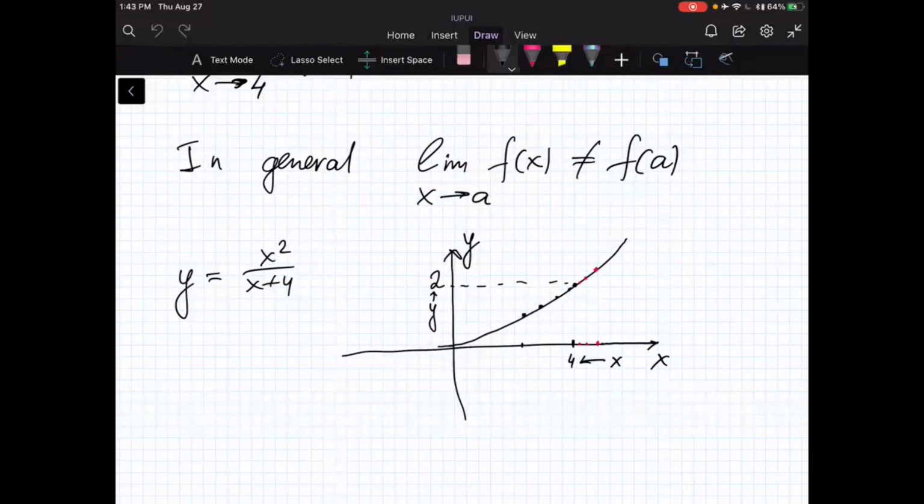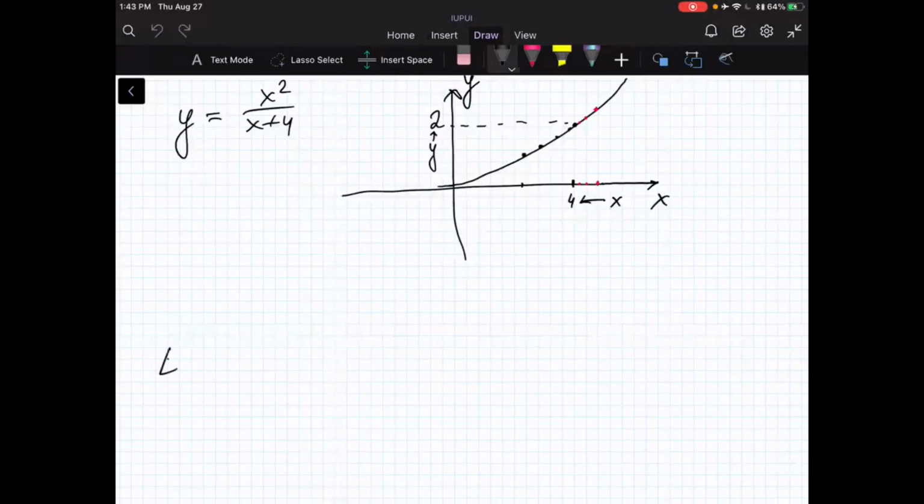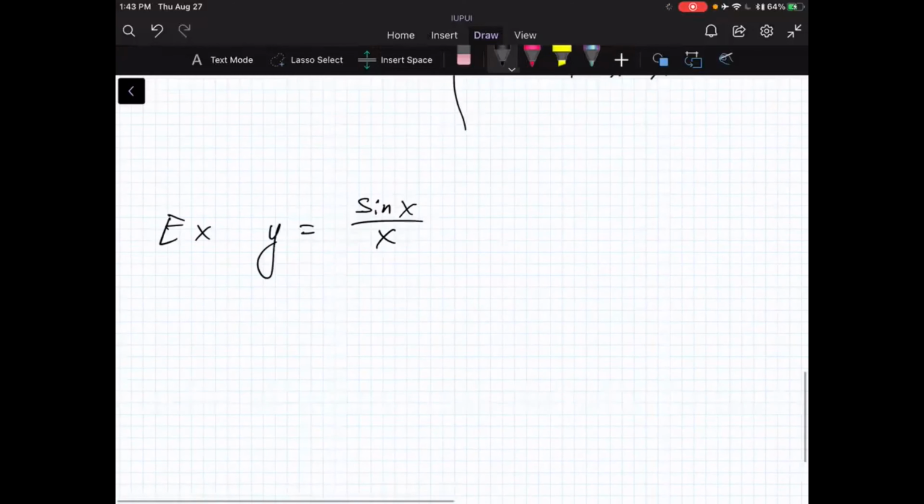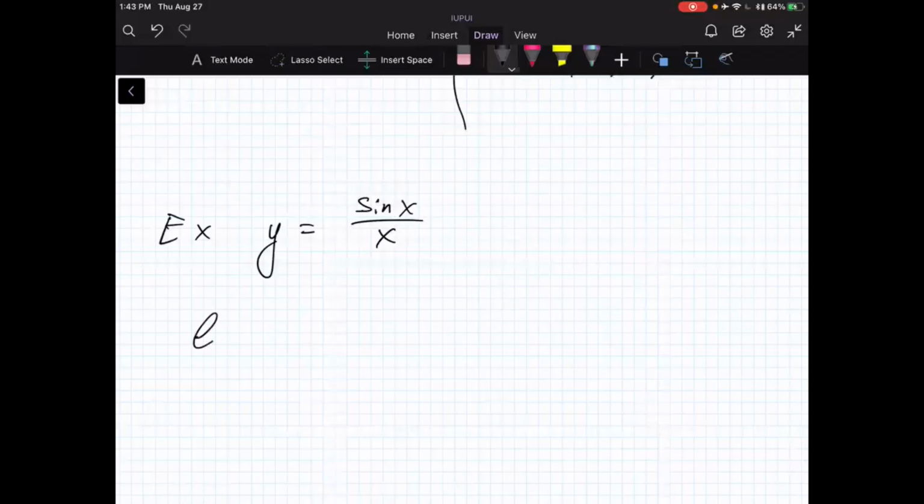But as I said, sometimes it's not that easy just to read the function at the given point. For example, let's consider the following function: y equals sine of x divided by x. Let's say that we are interested in the limit when x goes to 0 of this function.